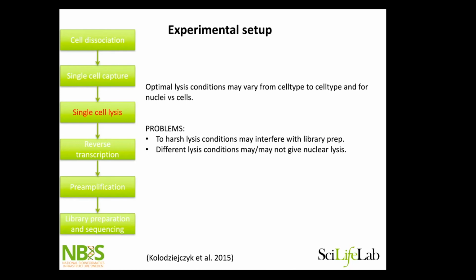So that will clearly bias the mRNA content you get out. Some nuclear RNAs will be quite abundant. The intronic read fraction will be quite abundant if you also capture all the RNA in the nucleus. But in some other cells, you might not lyse the nucleus, and therefore there will be a bias between the populations.